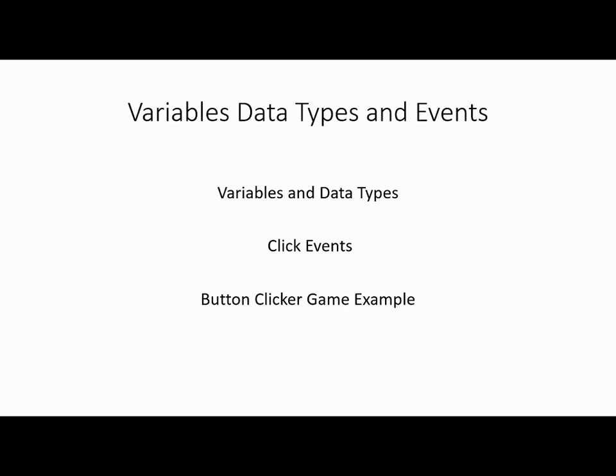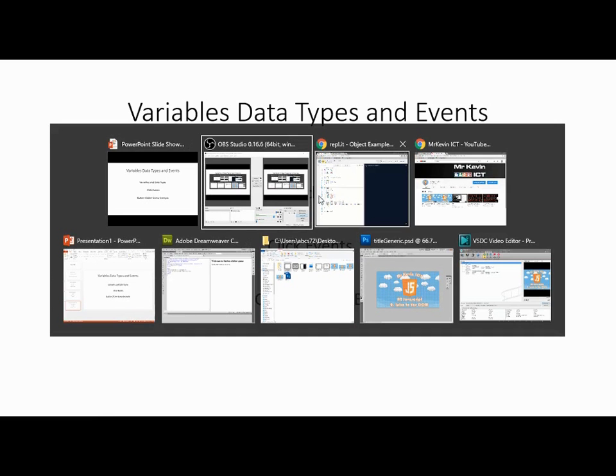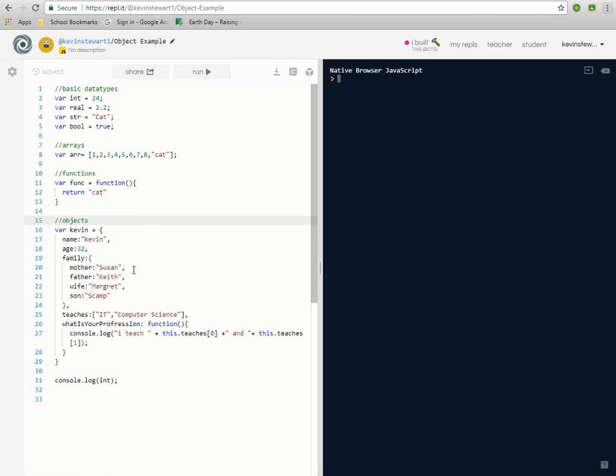So with that said, I'm going to go back to the object example that we made in the past. A couple of important things about data types. There are essentially 5 data types we're going to be dealing with in JavaScript, and they can be broken down into subtypes as a programmer, but as far as JavaScript's concerned, and as far as we're concerned at this level, there's 5 that you need to deal with.